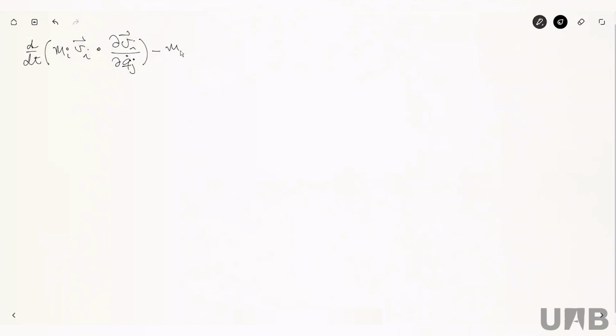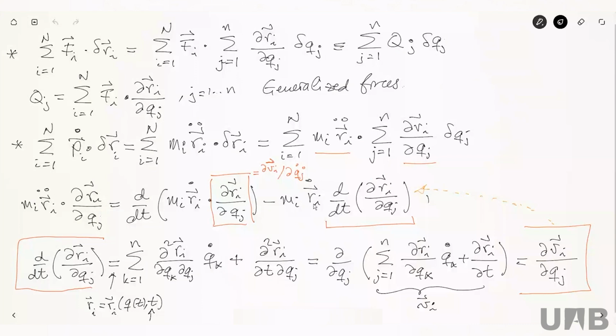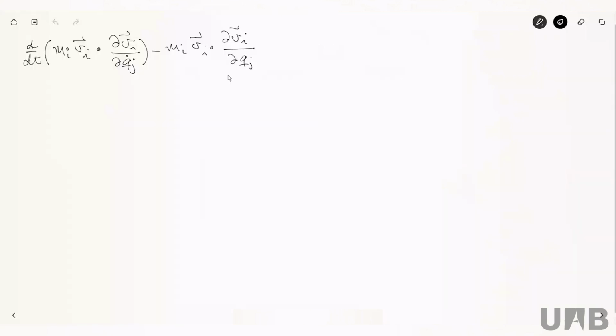Minus the second term, m_i v_i times the derivative of v_i with respect to q_j. Okay, so let me go back again. Right, it is m v_i and this derivative, which is dv/dq. So yes, that's exactly what we have on the right-hand side of D'Alembert's principle.